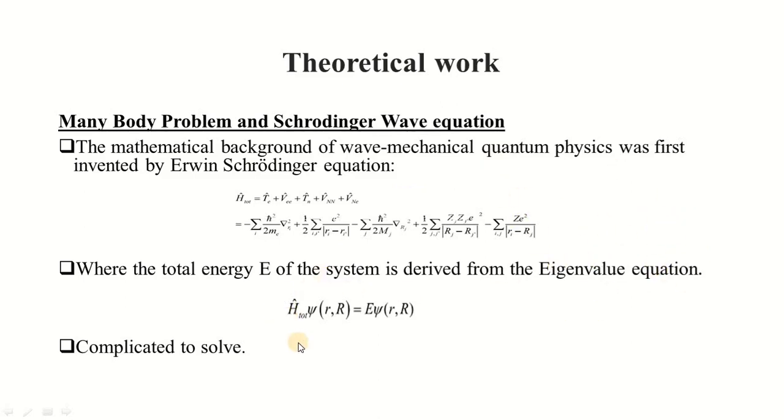So we have the total Hamiltonian, which is this one, and if this Hamiltonian operates on some wave function psi, which is a function of r and capital R, it will give us the total energy of the system times the same wave function, which is a function of r and capital R. This type of problem, in which we have different contributions of these terms, is very complicated to solve using the Schrödinger equation, because this is not a simple case like a hydrogen atom.